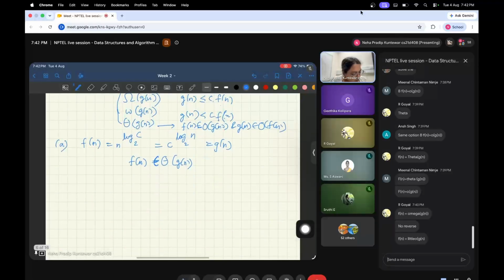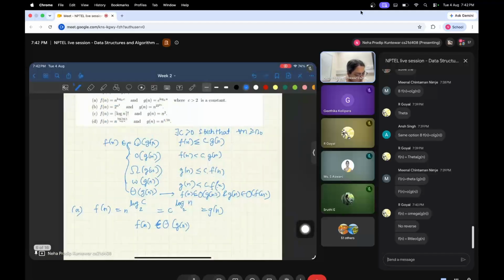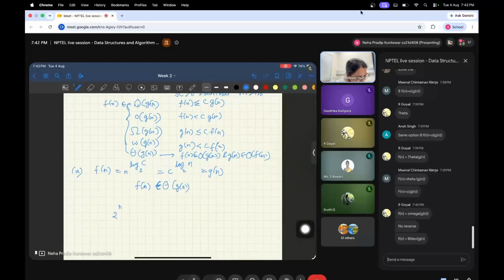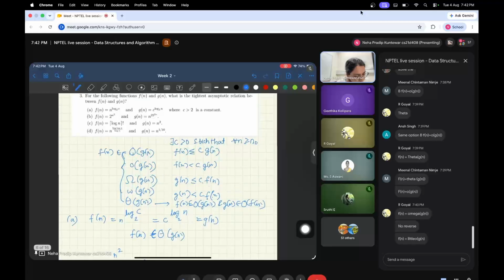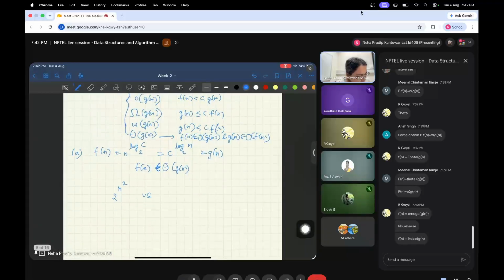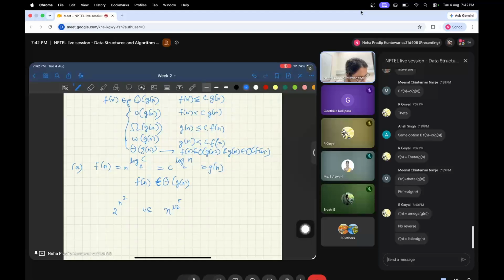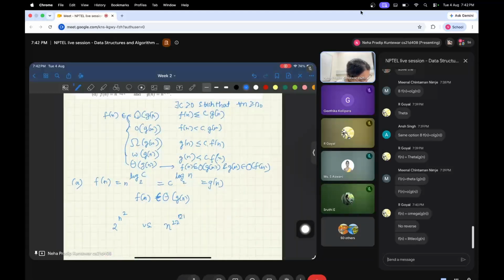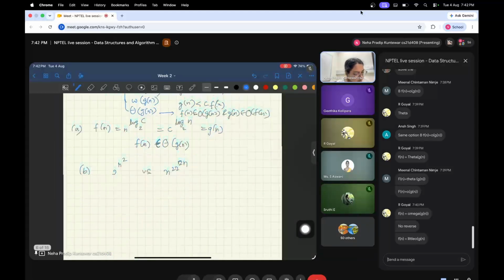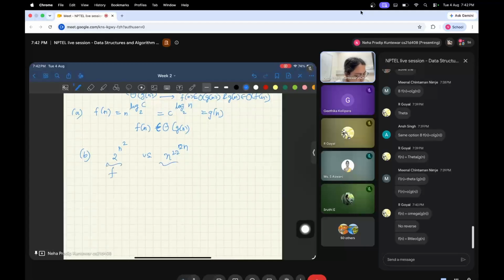Okay, so we are comparing 2 to the n square versus n to the 2 to the 2n. So this is our f and this is our g.